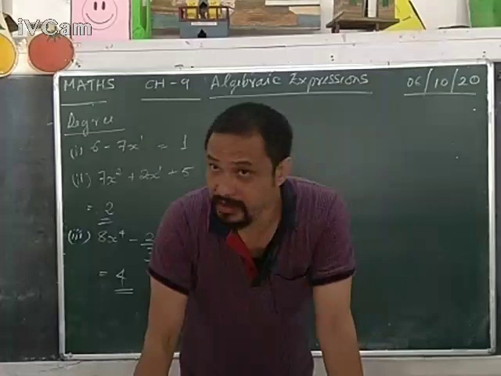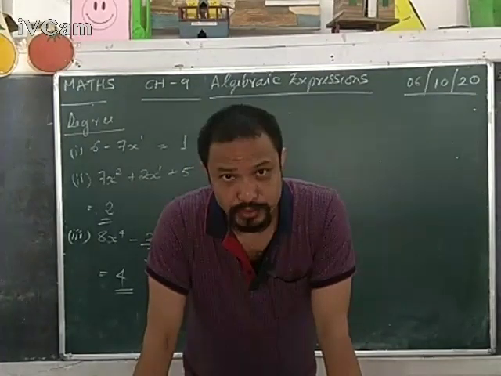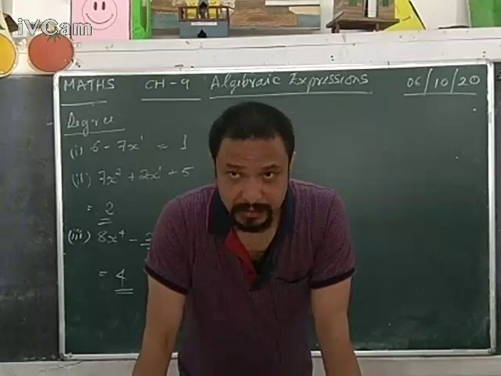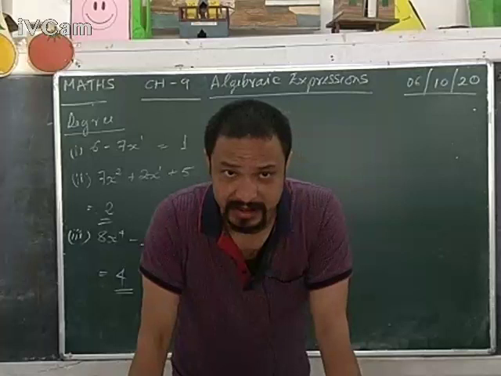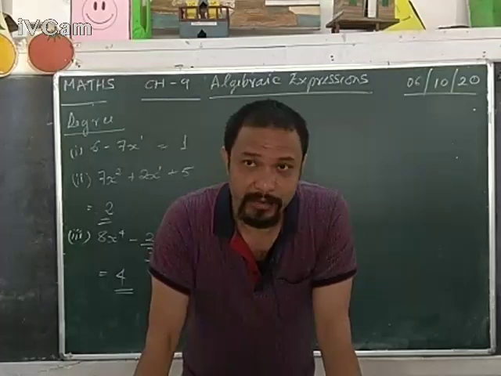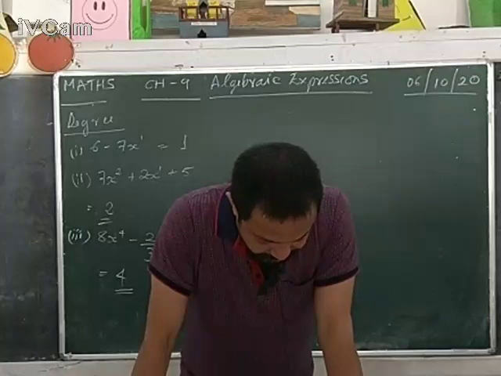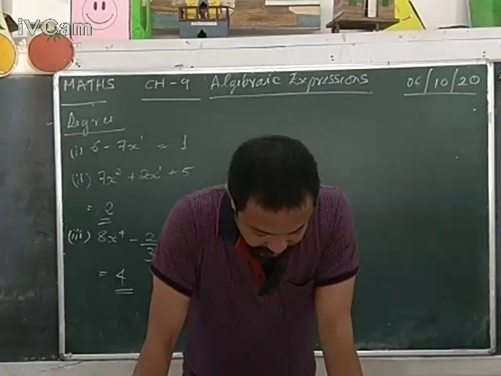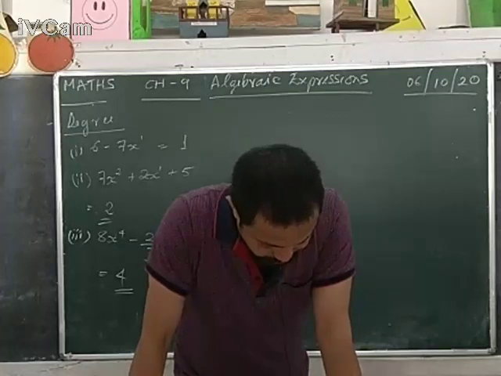That means in an expression there are 2 or more variables, alphabets, or a combination of alphabet and number, and they have powers. So the sum of the powers of the variables in each term is taken and the greatest sum is the degree of the polynomial.